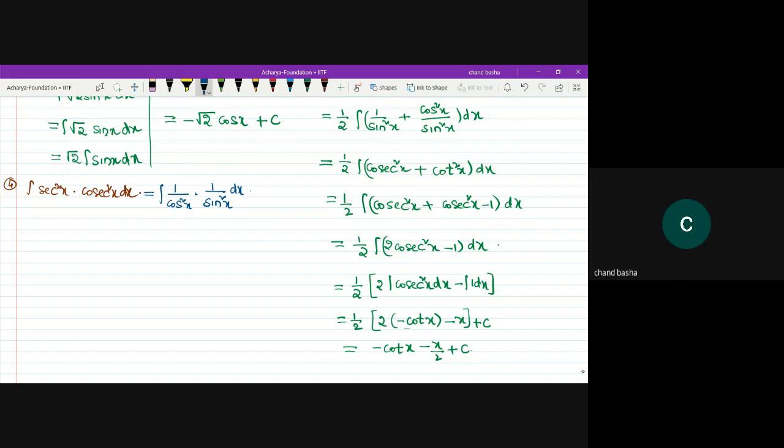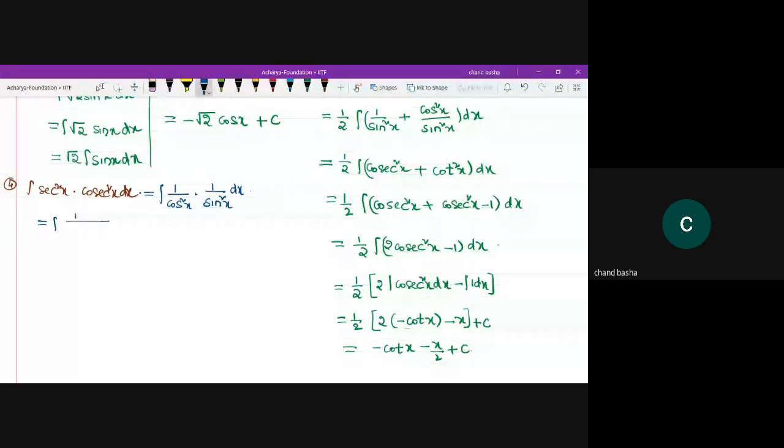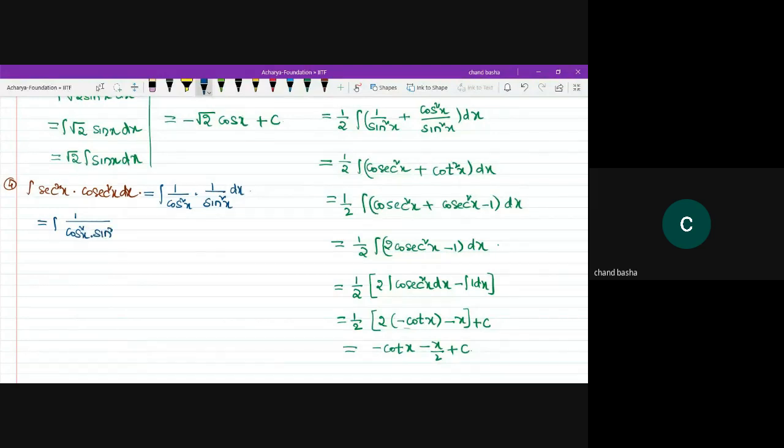The numerator, I can take it as 1, and the denominator, if you are observing, cos square x into sine square x into dx.